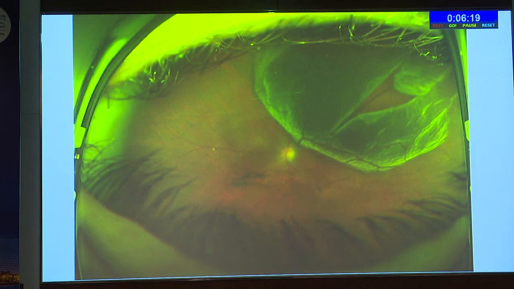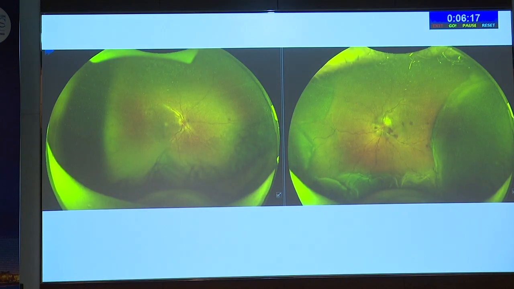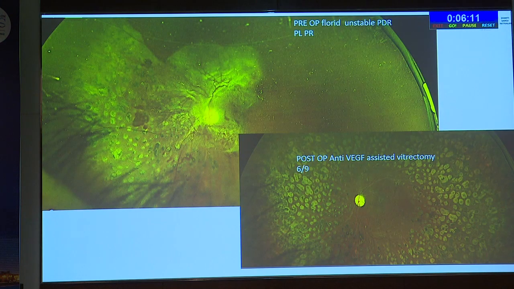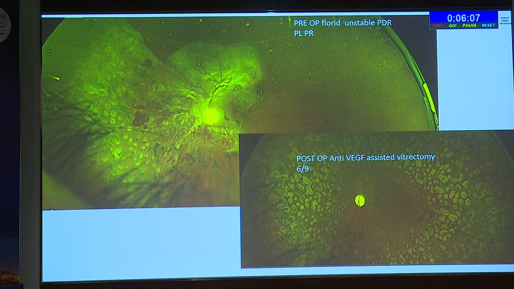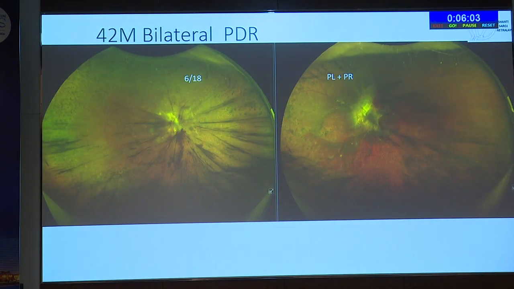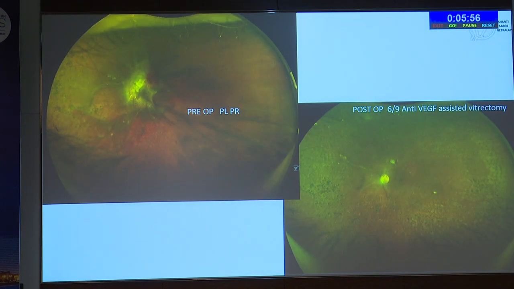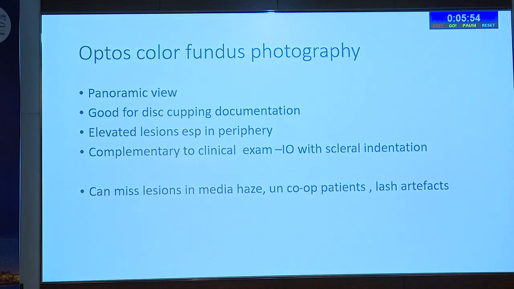Again, this is a peripheral choroidal detachment, which can be picked up only with ultra wide field imaging. It is an excellent tool for documenting your pre and post interventions. It is also excellent in the presence of a vitreous hemorrhage, where traditional fundus photography cannot do it. It provides you a wonderful panoramic view.